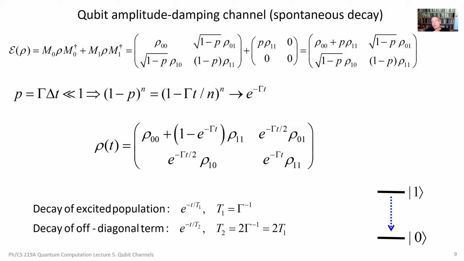It's easier for the environment to find out whether the state is 0 or 1 than it is to flip it from 1 to 0. But that's not the case here, not in the case of pure spontaneous decay. In that case, we say that the T2 is T1 limited. It's a time which is twice as long as the spontaneous decay lifetime. T2 is equal to 2 T1.